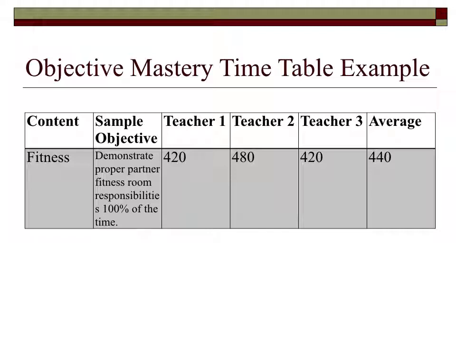You add up all 3 divided by 3, and that gives you an average 440 minutes for that particular content area. So if you had 5 content areas, you would have a table of 5 content areas, 5 sample objectives, and estimates for each of those areas, and you would have 5 different averages.